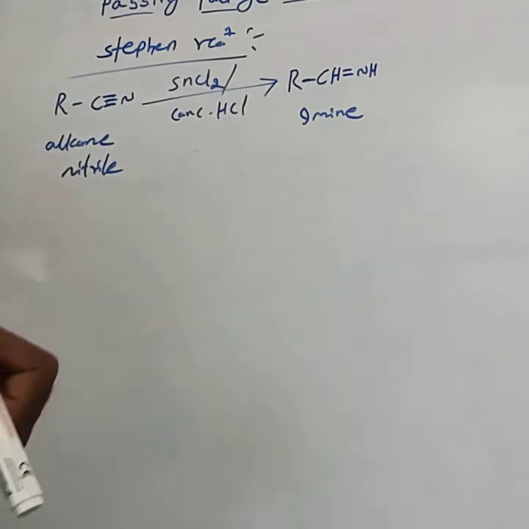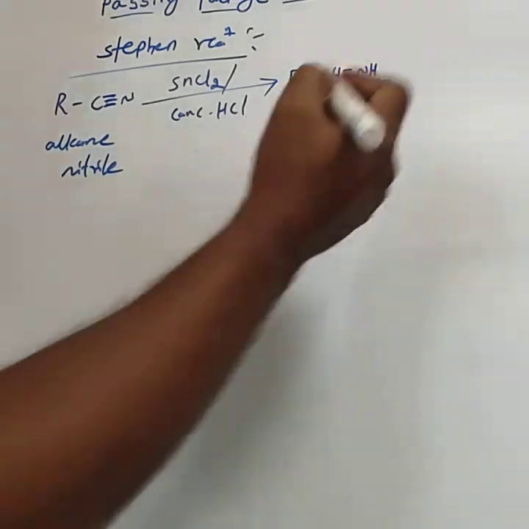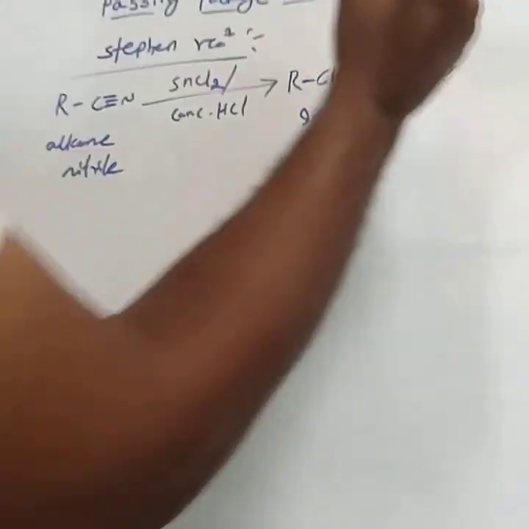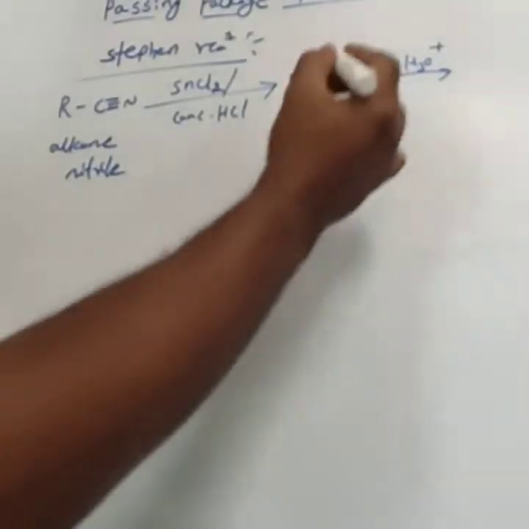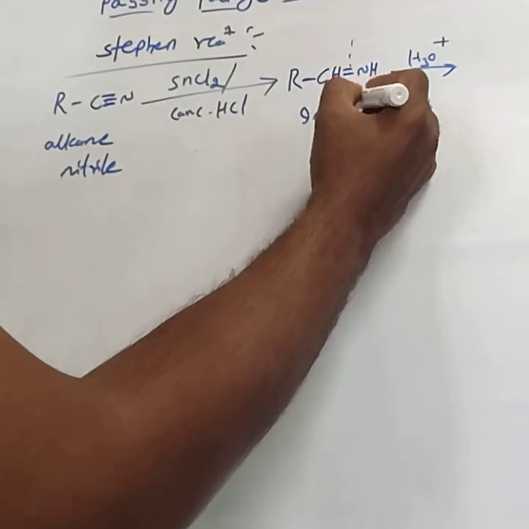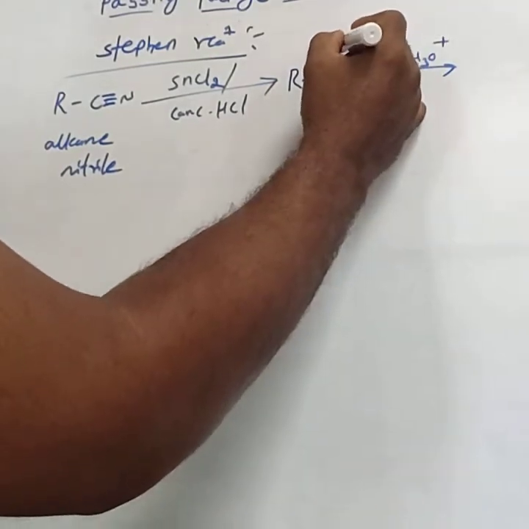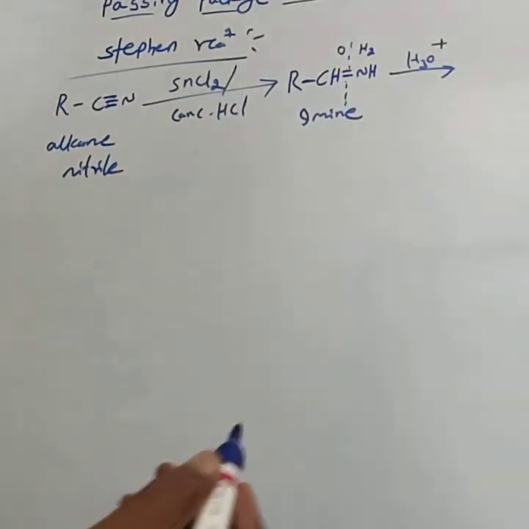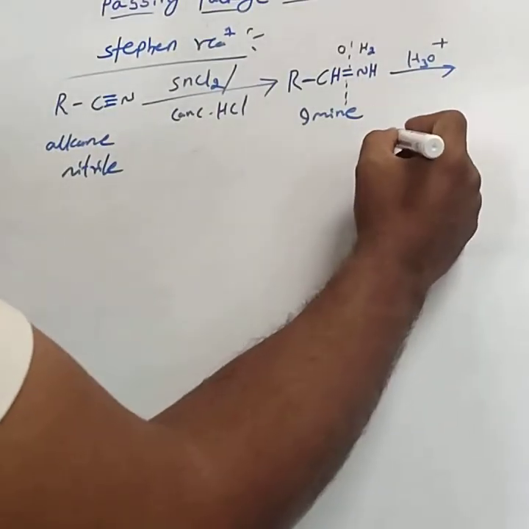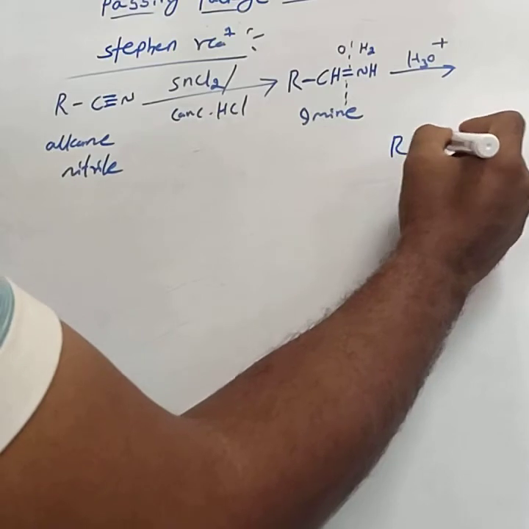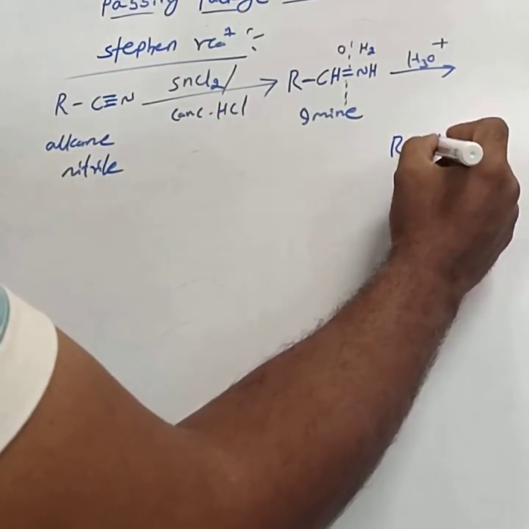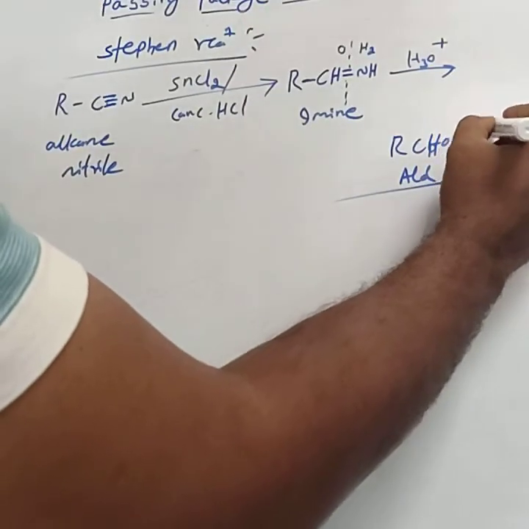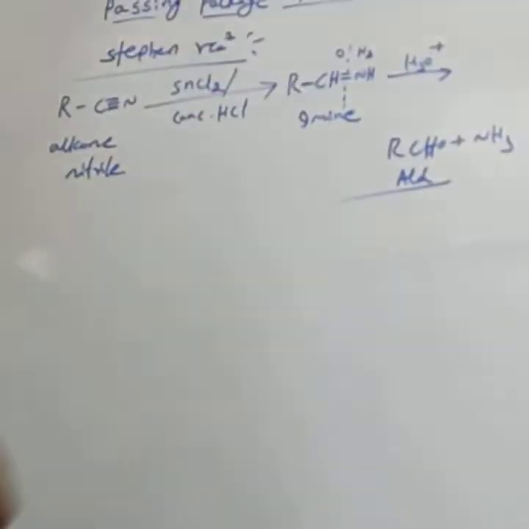These imines on acid hydrolysis: here bond cleavage takes place. To this part oxygen is added, to this part hydrogen is added. Then the product formed is RCHO, aldehyde, plus NH3. Ammonia is liberated.